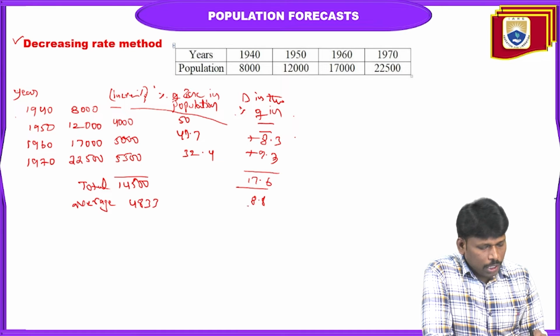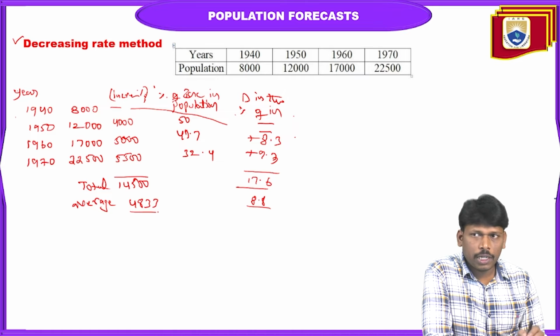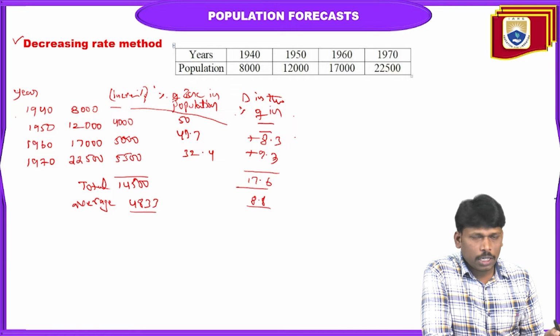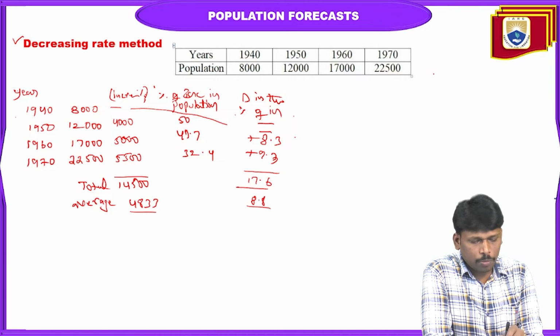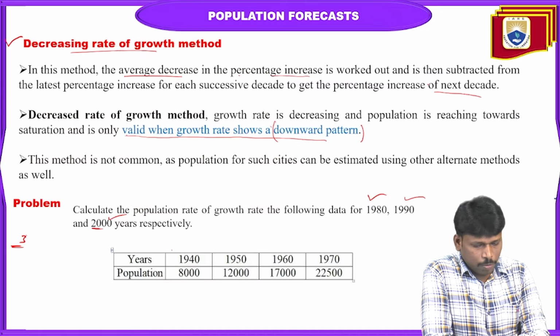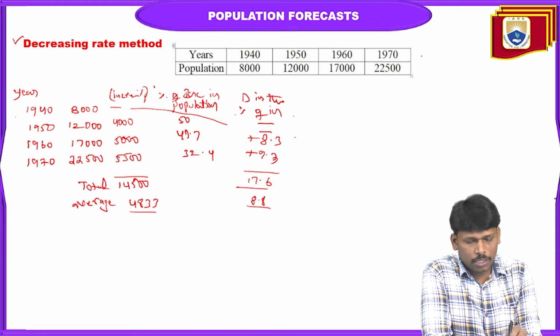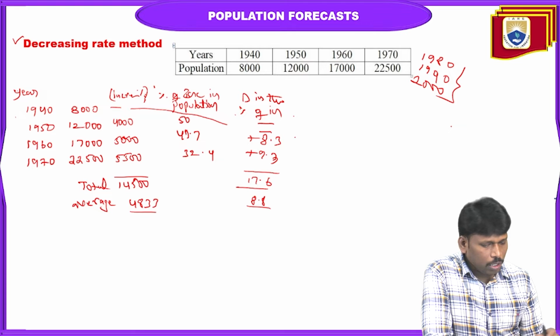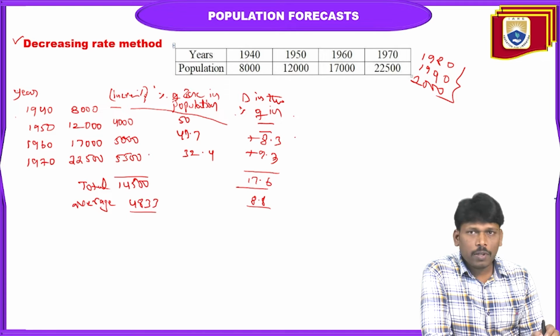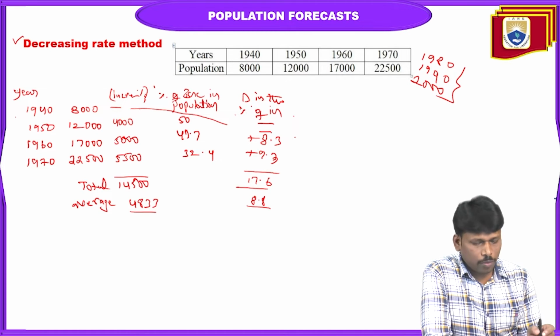So here, after getting these averages, this is still not solid. We need to estimate the population for 1980, 1990, and 2000. So the very basic data we have is the total decrease in the percentage of population that we calculated according to our method.